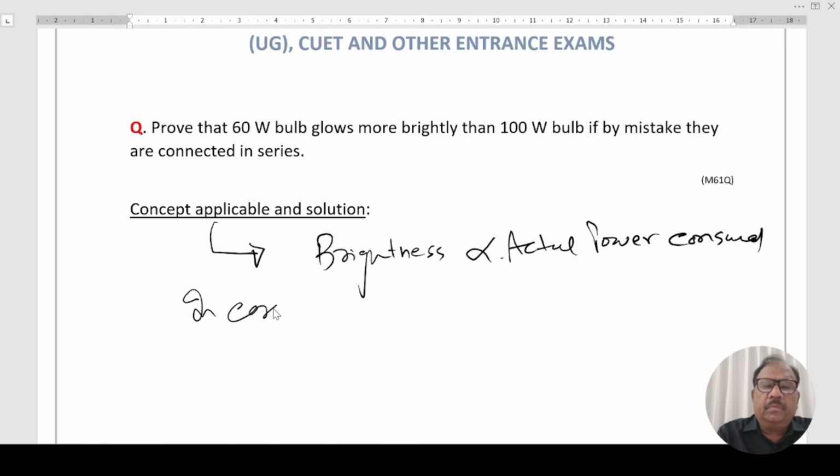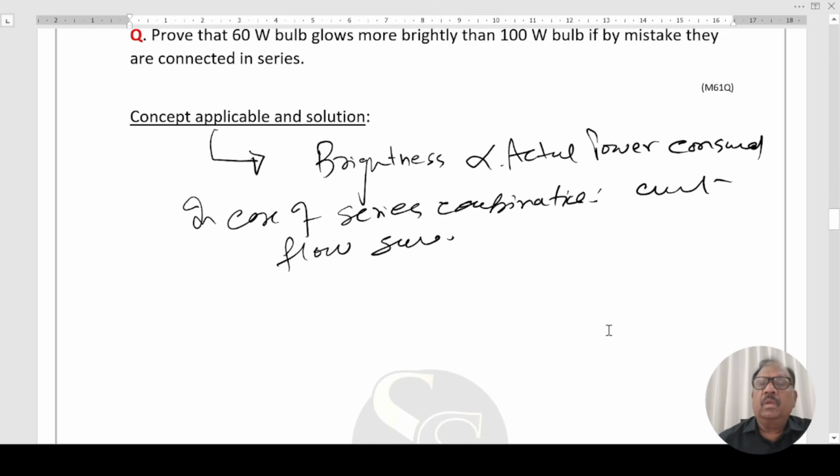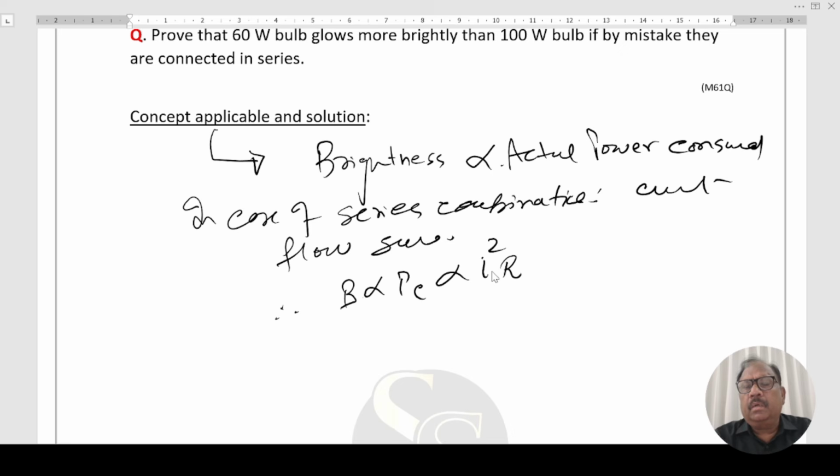In case of series combination, current flows same. Therefore, brightness, proportional to power consumed, will be proportional to I square R. I is same in both the bulbs.